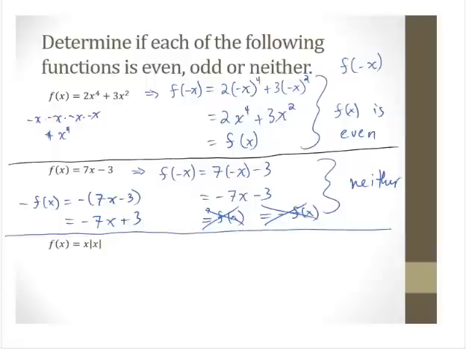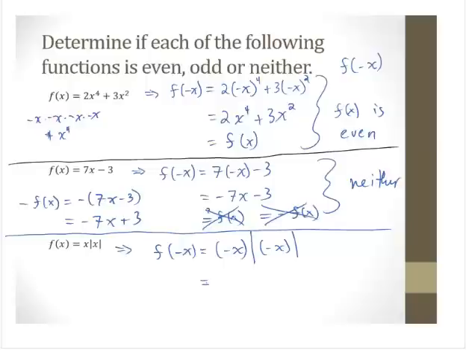Alright, what if f of x is equal to x times the absolute value of x? Well, then f of negative x would equal negative x times the absolute value of negative x. What's the absolute value of the opposite of x? What's the absolute value of negative x?